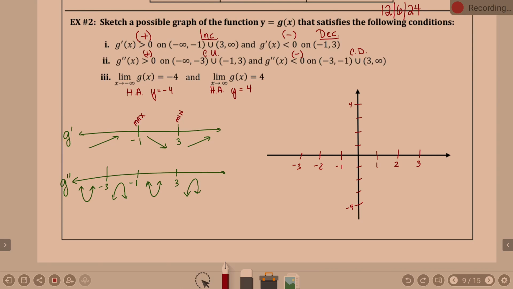So all of those places also just became POIs, points of inflection.